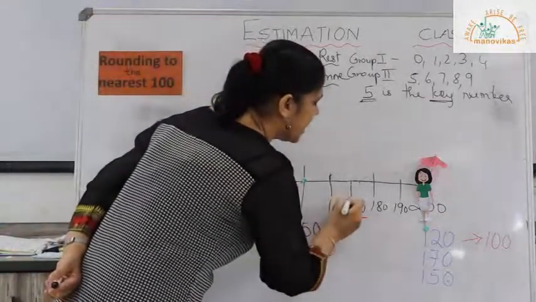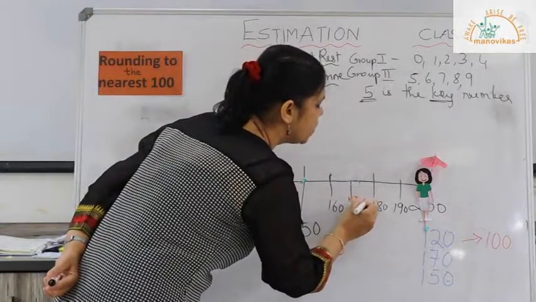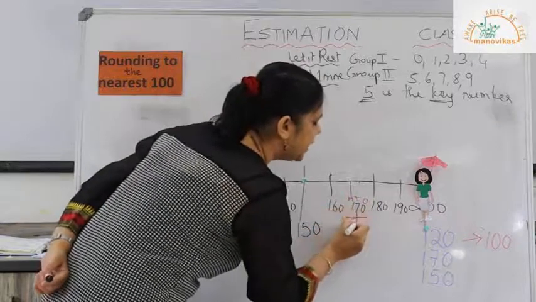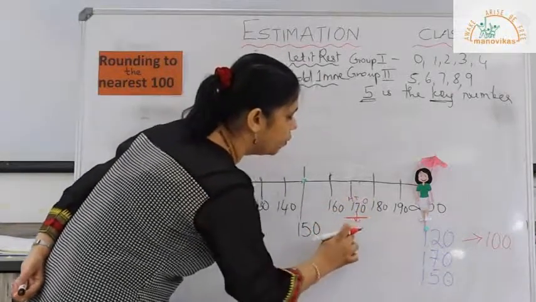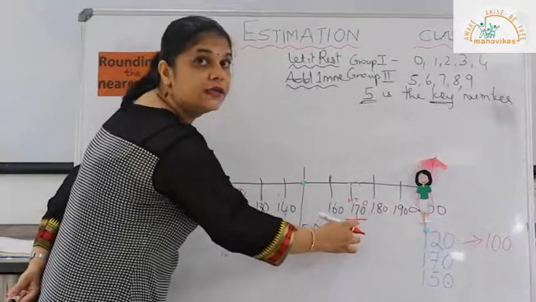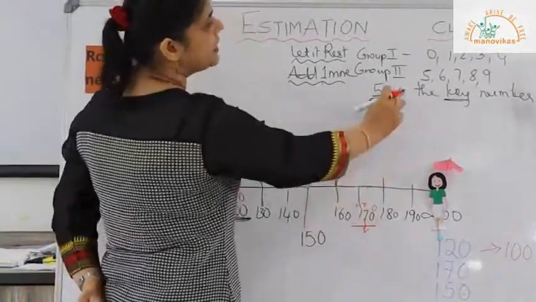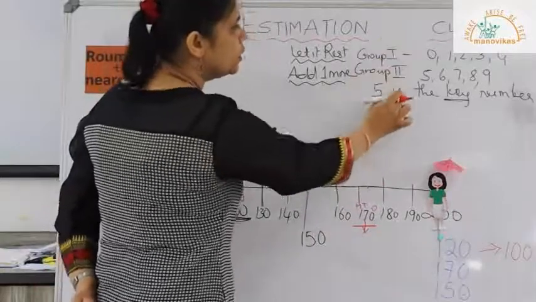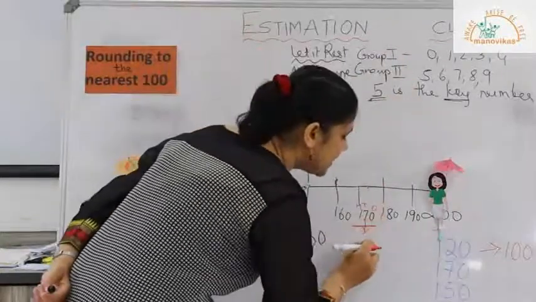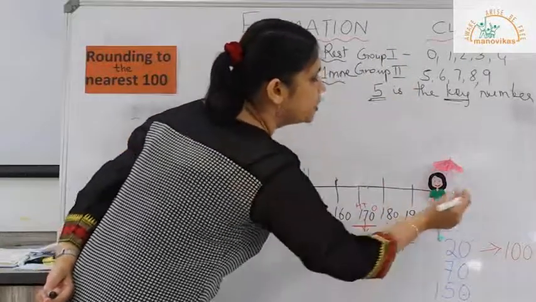So, this is the hundreds place, tens place, ones place. Checking the digit in the tens place, we know that the digit is what? 7. Can you see here 7? Now, this 7 lies in group 2. So, what will happen? 170 will become 200.